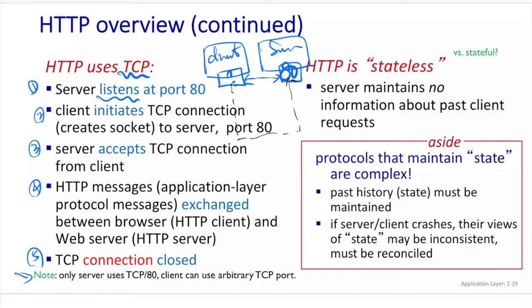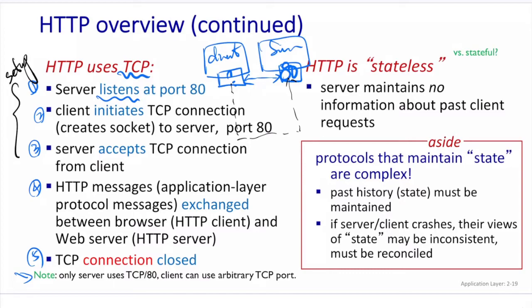But conceptually, we can say that these two, server and client, communicate with each other by using the underlying ports, the underlying socket. So steps 1, 2, 3 mean the server listens, the client initiates, and the server accepts such a TCP connection. So that is the setup that we mentioned before.